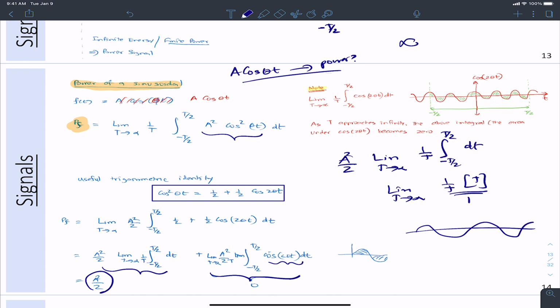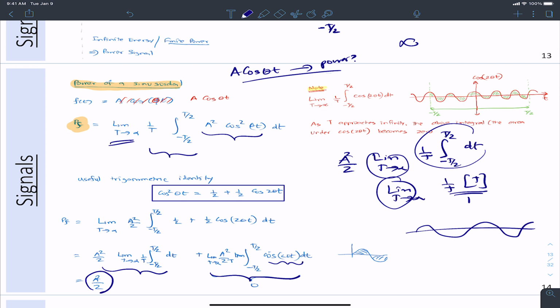You have to just apply the limit within this region, and then you don't really need to worry about this limit. That's another way to look at it. When you have to do the power of a periodic signal, you will just do 1 over T, minus T/2 integration, and you can kind of forget this limit part, because it's not going to matter, because we all understood it.